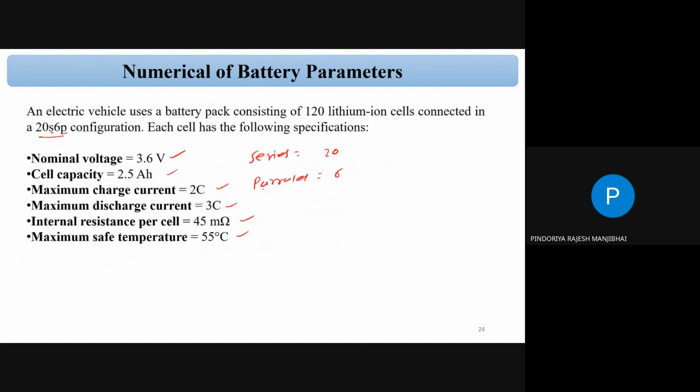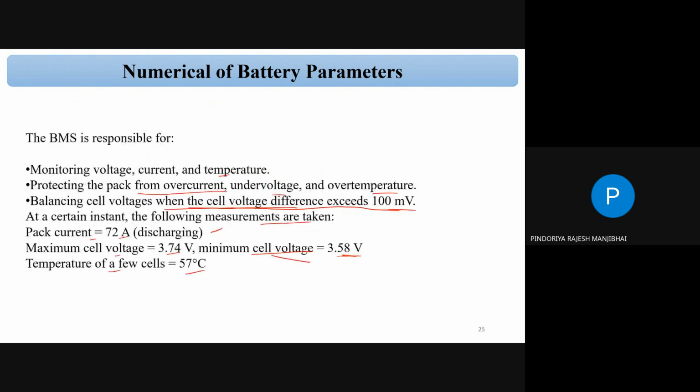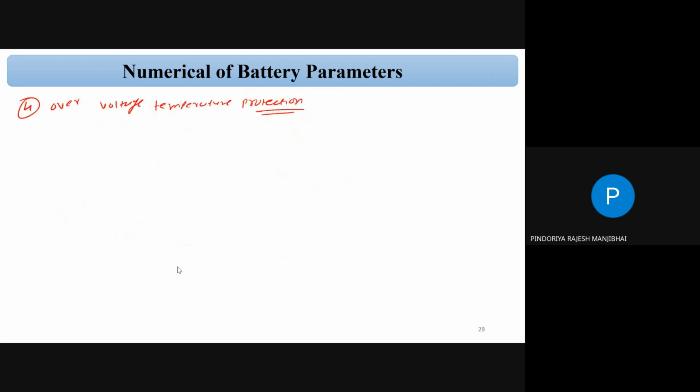In the question, the maximum safe temperature is 55 degrees, but in the BMS case, the temperature of the fuel cell may be 57 degrees. Correct? So we can note down: maximum allowable temperature equal to 55 degrees, and BMS measured equal to 57.